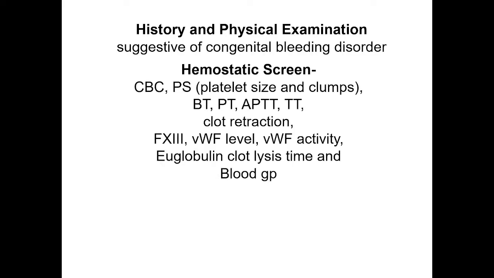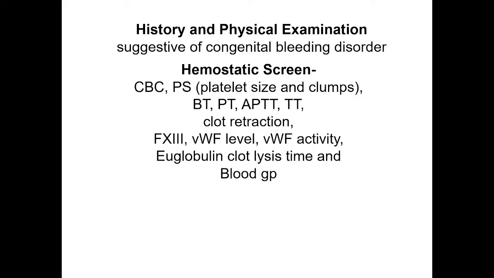History and physical examination, which is suggestive of congenital bleeding disorder. Then we should do hemostatic screen: CBC and PS. PS will suggest the platelet size and clumps. If clumps are there, then platelet count may be counted low by the machine, because if 4 platelets clump together, it will be counted as 1 by the machine.